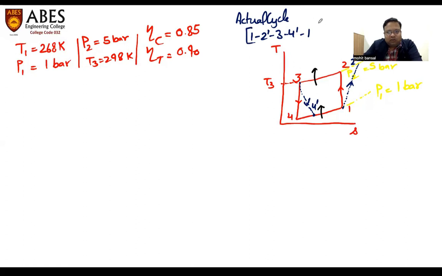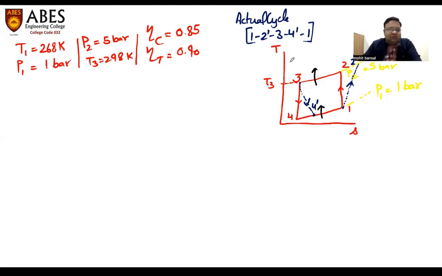This numerical problem is of the closed Bell-Coleman cycle or dense air cycle. In this the working medium is air, and it is moving in a closed cycle. So this is our actual cycle. First of all, if any problem comes based on the Bell-Coleman cycle, we have to find the unknown temperatures. In this diagram, we have seen that T1 is given to us and T3 is given to us.